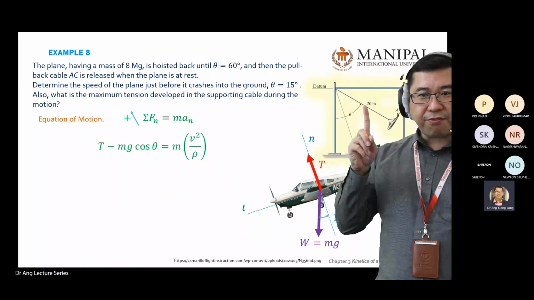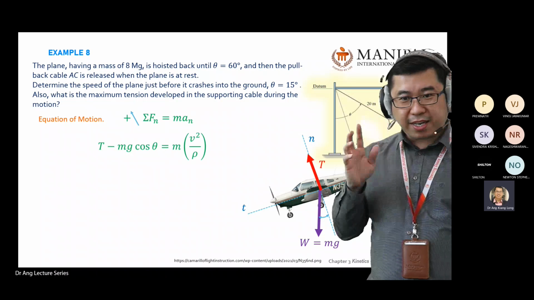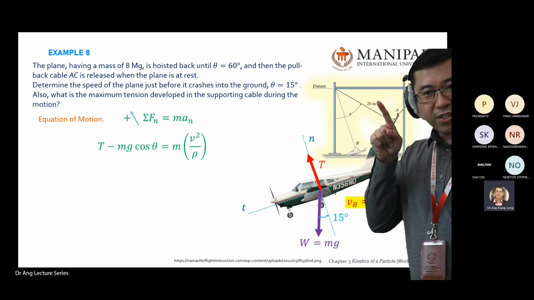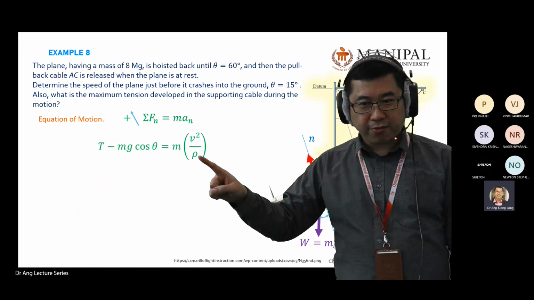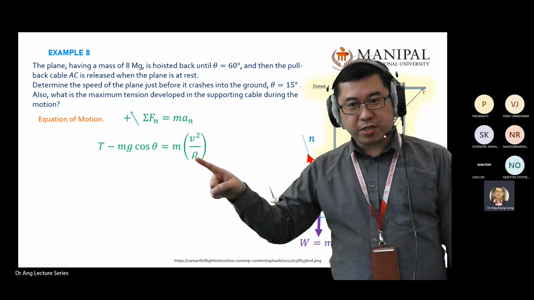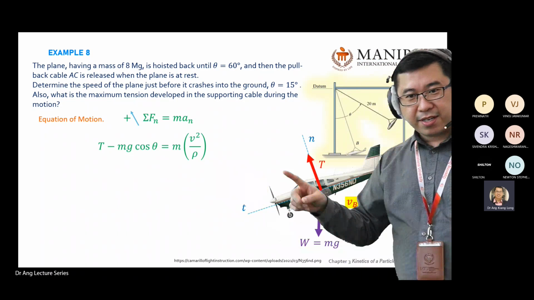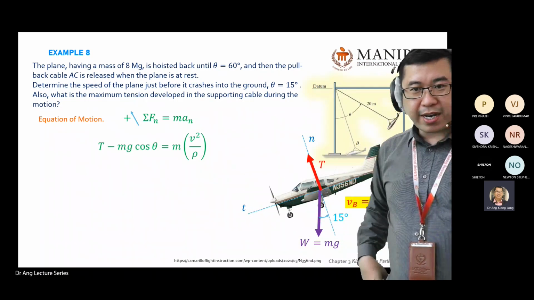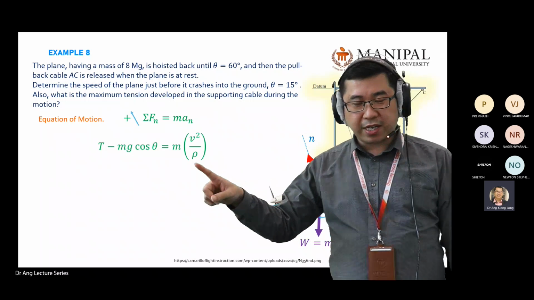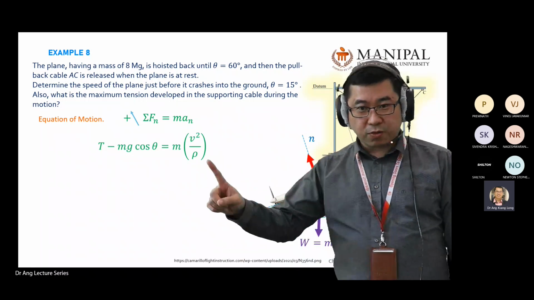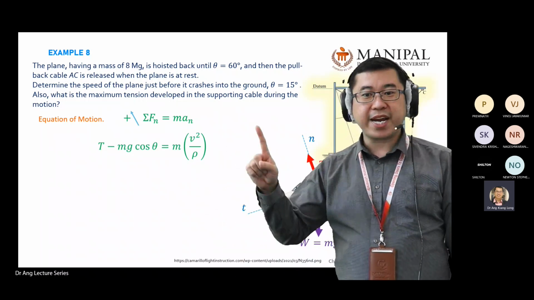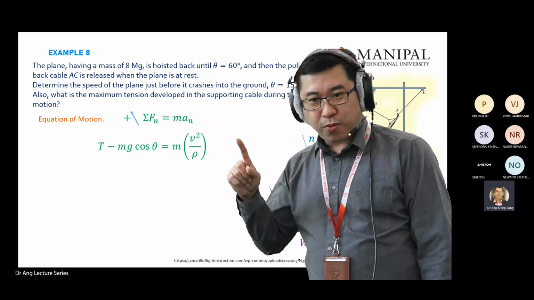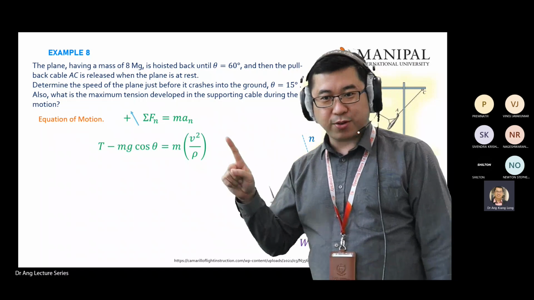And if the rope radius is not given, you can calculate it with one more equation for the radius. If you forget, go back to chapter 1 and find the radius for curvilinear motion. There is the one with dy/dx and d squared y over dx squared, where you need to do differentiation.